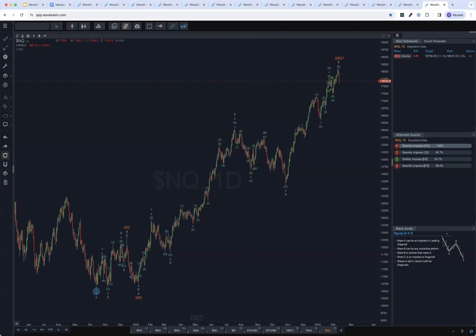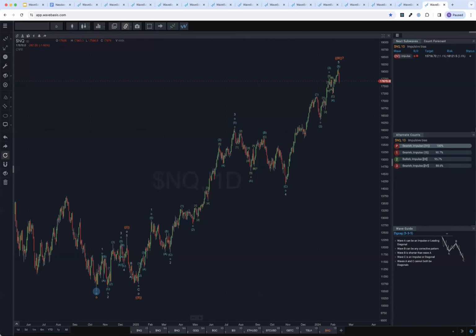Somebody's asked, which is better: entering at the end of wave 2 or entering at the wave 1 breakout? Well, that really depends on your style of trading and your objectives. We talked about this on the blog.